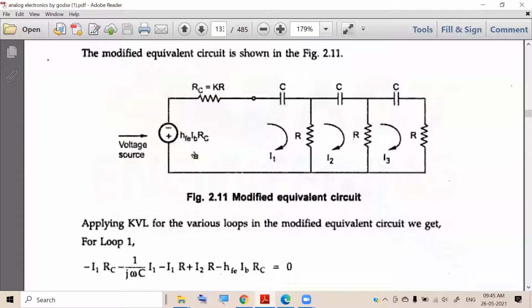If we consider the entering terminal, we have to consider the entering terminal for all the other components. If we consider the leaving terminal, we should consider the leaving terminal for all the components. Both are correct because ultimately KVL says the algebraic sum of all the voltages in a closed loop in an electronic circuit is equal to 0.